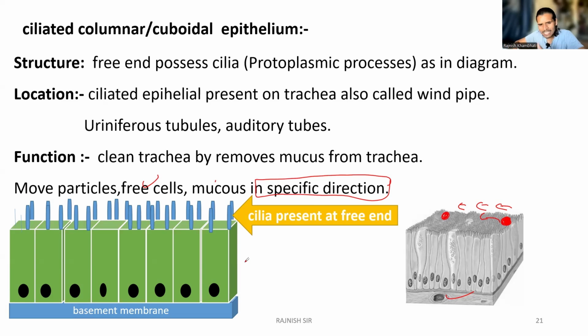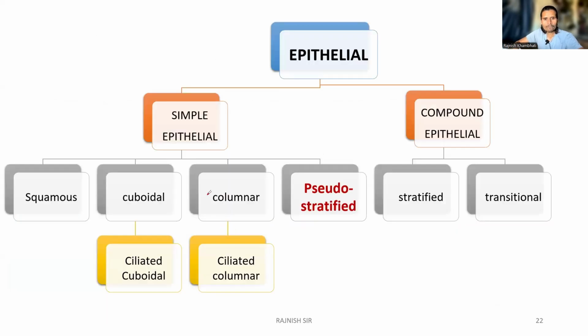Now you can see their difference; there is only one difference, that these have cilia present on the free end. All other things are the same: the basement membrane is there, cells are there, the nucleus is there, and between two cells cement material is present. Columnar, ciliated, everything is over.